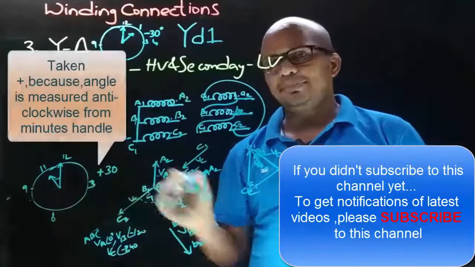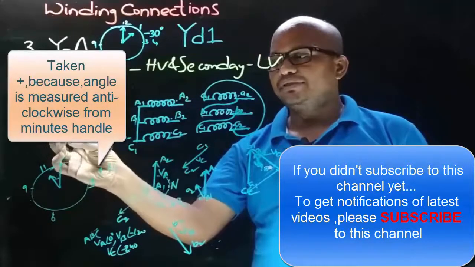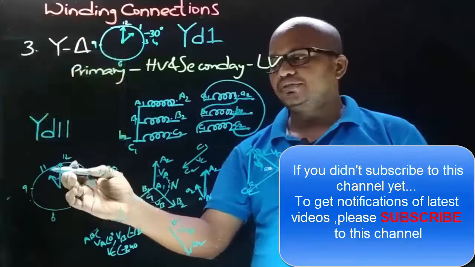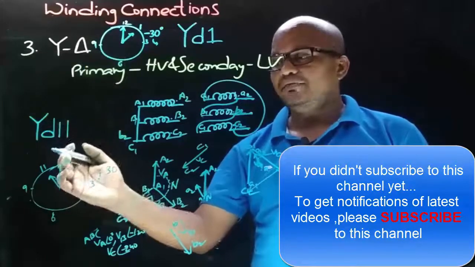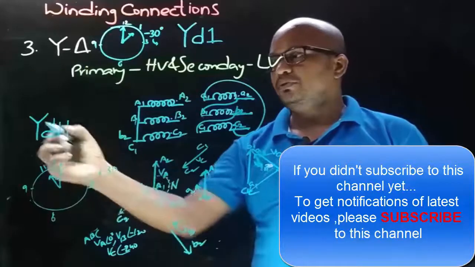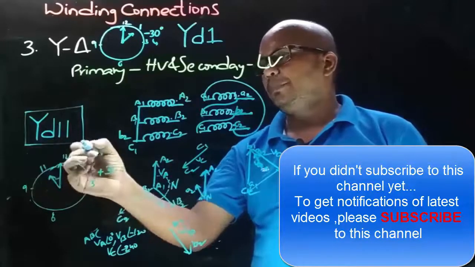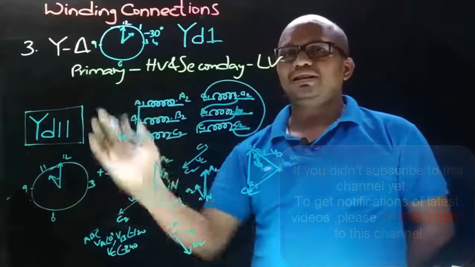It is taken as plus 30, which will indicate that LV side phase to neutral voltage leads by an angle of 30 degrees with respect to HV side phase to neutral voltage. So this is one way of obtaining the star delta connection.